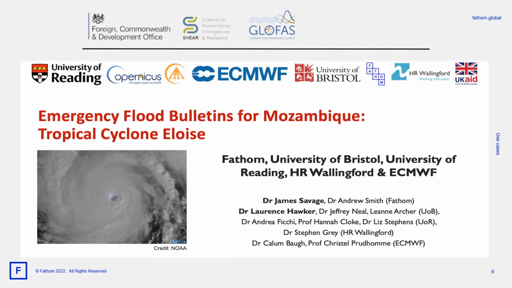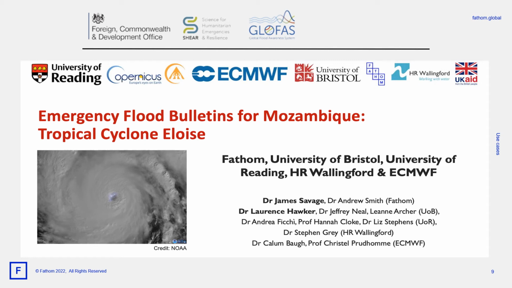The next use case that I'm going to come on to is the production of emergency flood bulletins. So the UK Foreign, Commonwealth and Development Office will request emergency flood bulletins for specific events to be generated, and Fathom works with a number of partners, which I've got up there on the slide, to do this. So this particular one is a tropical cyclone which hit Mozambique in January of this year, and the reports provide information relating to potential risk, exposure and impact prior to the cyclone's arrival.